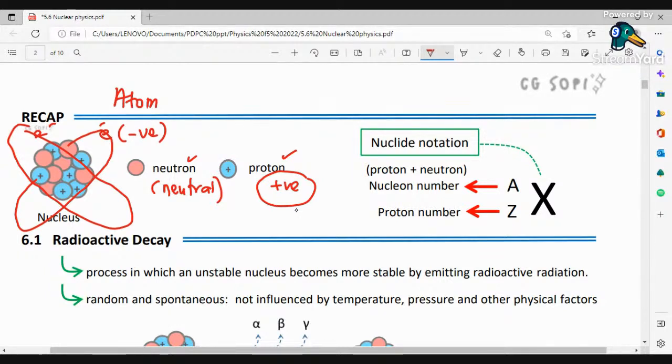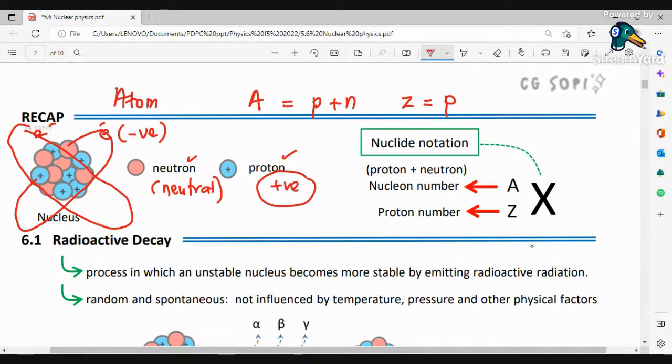So nucleon number actually equals number of proton plus number of neutron. We have nucleon number A equals P plus N, proton plus neutron. And Z here is proton number, P. Z equals P. So this is nuclide notation.